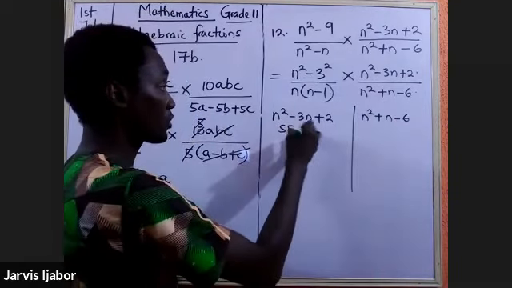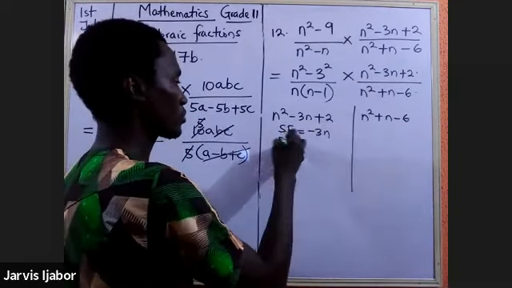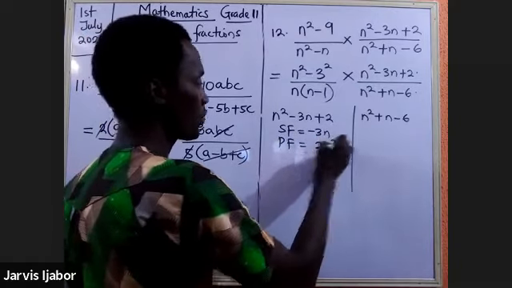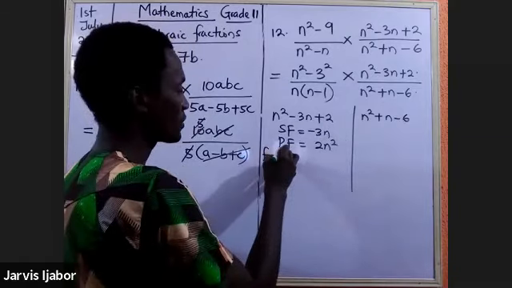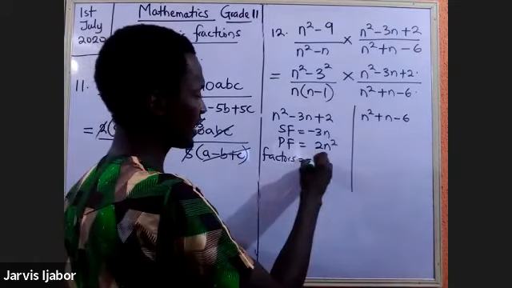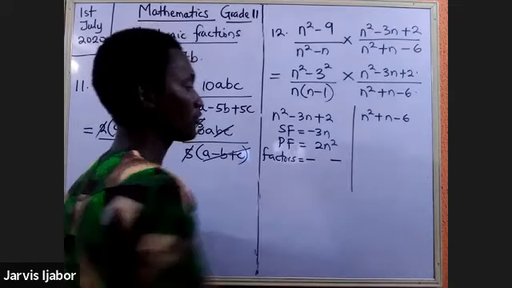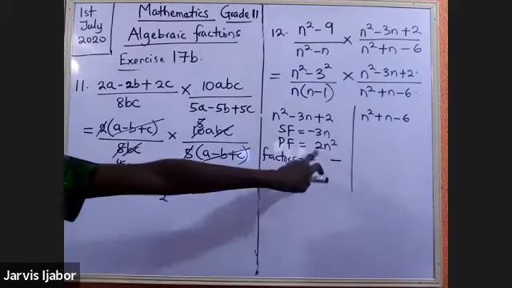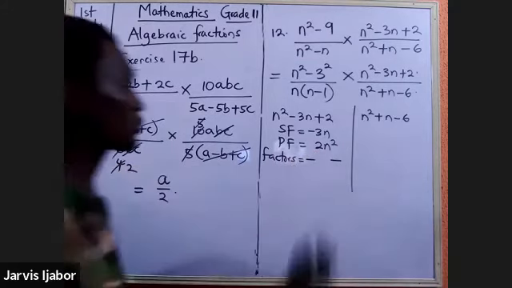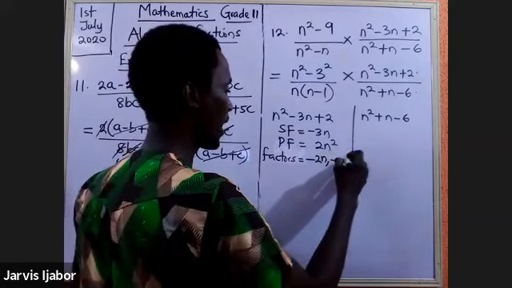Sum of factors minus 3n, product of factors will be 2n squared. So what are the factors? The factors will both be negative, so this will be negative and this will be negative also. Now, the product is positive, you know that. So this will be minus 2n, comma minus n.